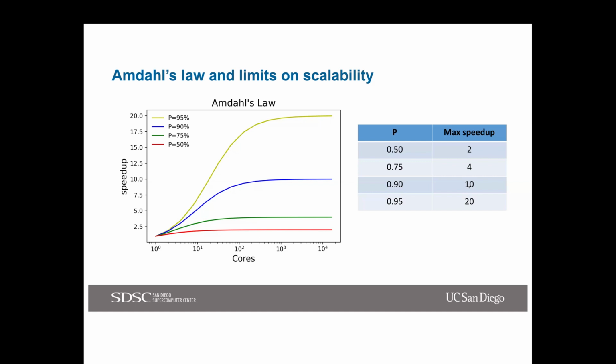On a system like Expanse, where every compute node has 128 cores, if you used a whole compute node and the code isn't very well parallelized, even at the 90% level, you're never going to get 128 as your speed up, which you would in the ideal case if it was perfectly parallelizable.